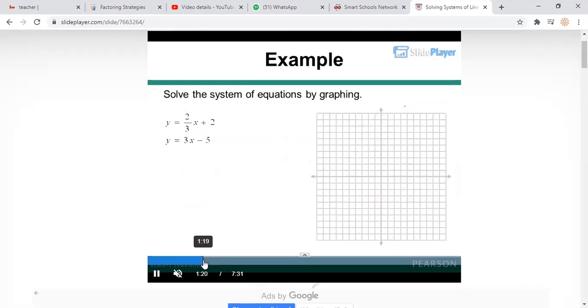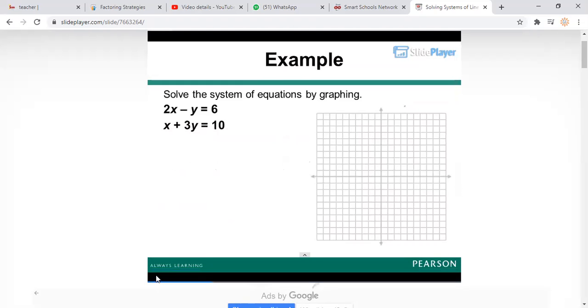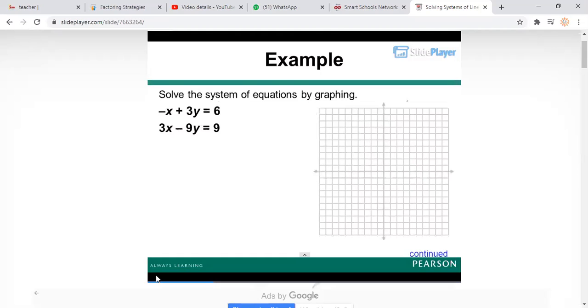Let me remind you of the first question: how do we represent these two equations graphically? Is there anyone who can tell me? If you want to represent by graph. Yes, Yahana.